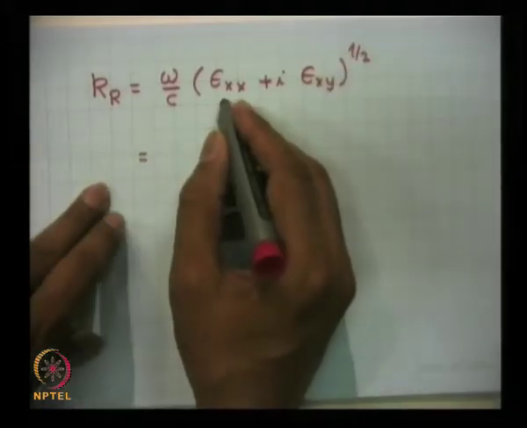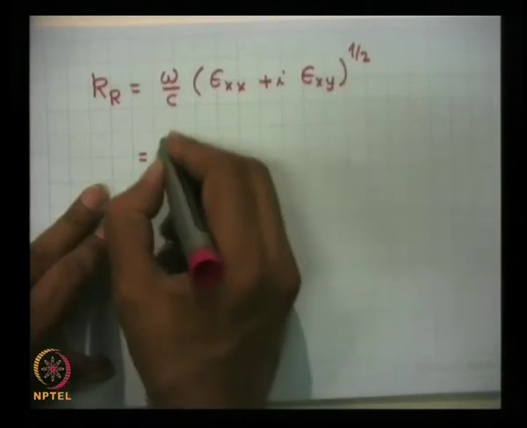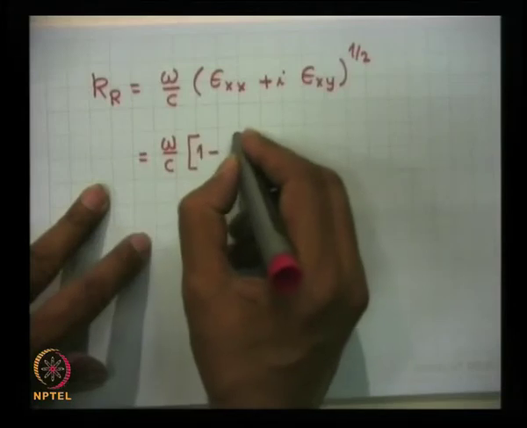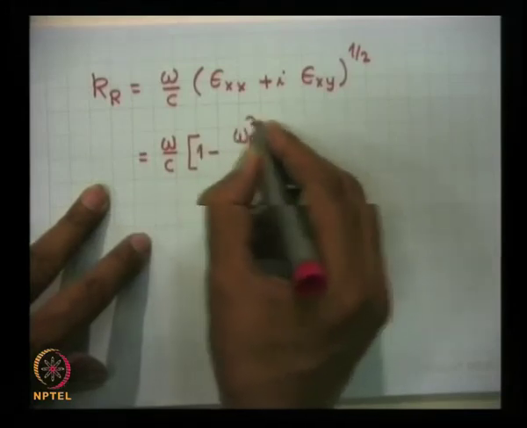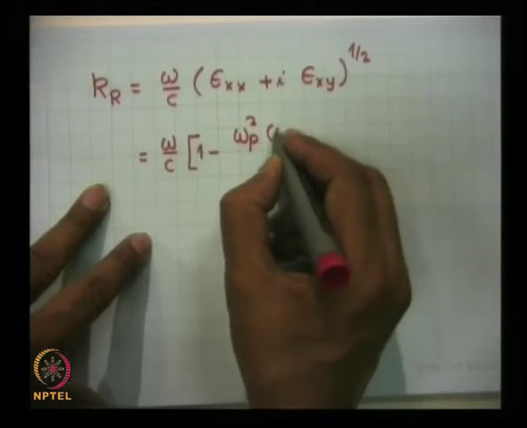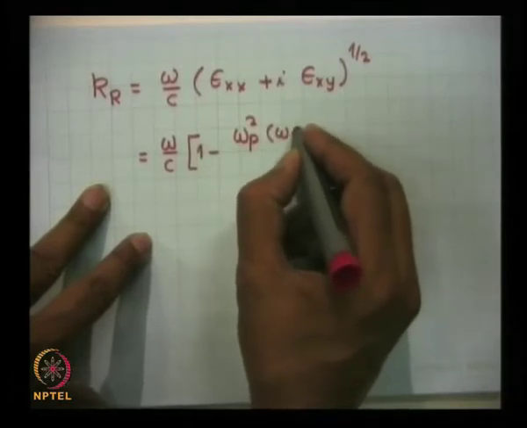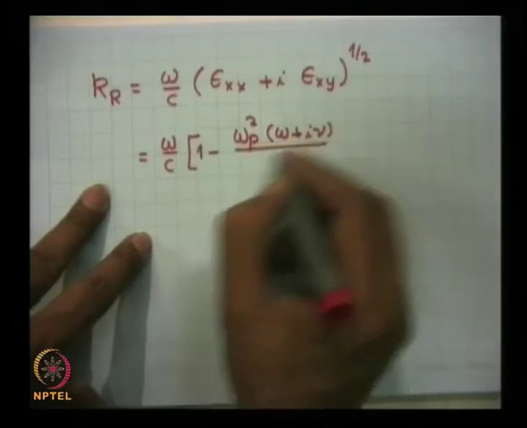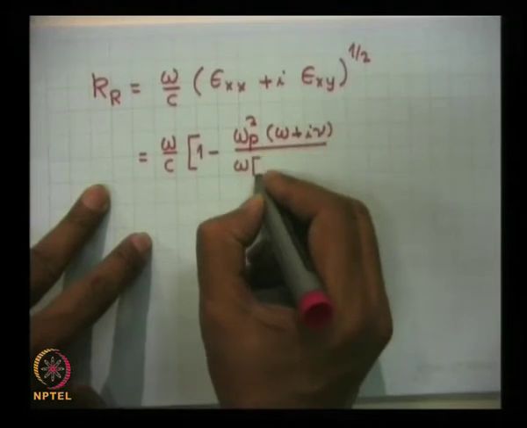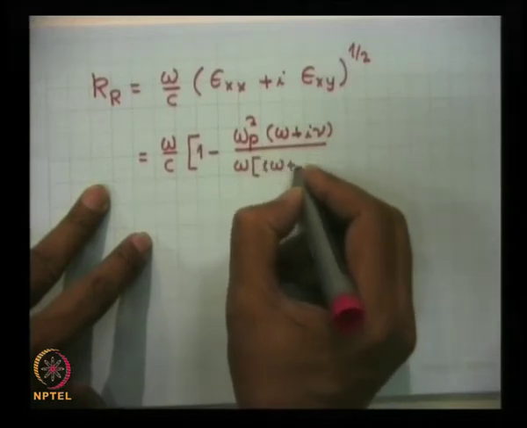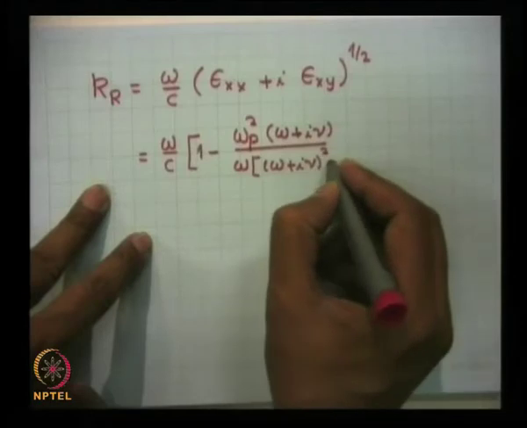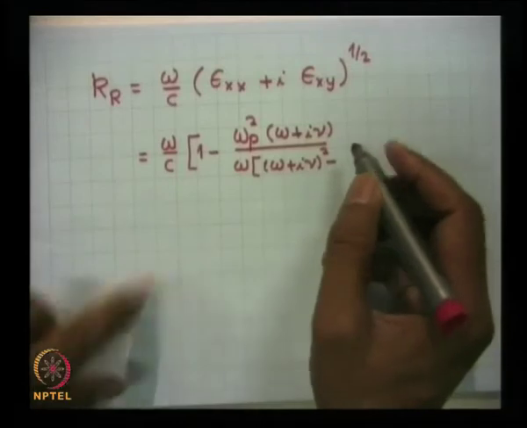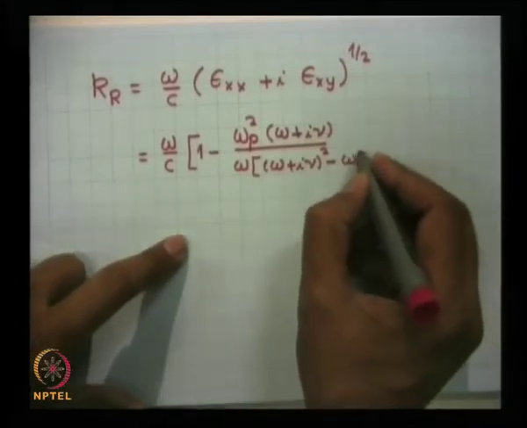Put the values of epsilon xx and epsilon xy, and this turns out to be omega by c, 1 minus the electron term, which turns out to be omega p square upon omega into omega plus i nu whole square minus omega c square. This was the value of epsilon xx.